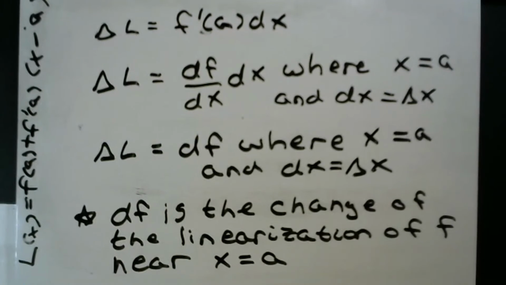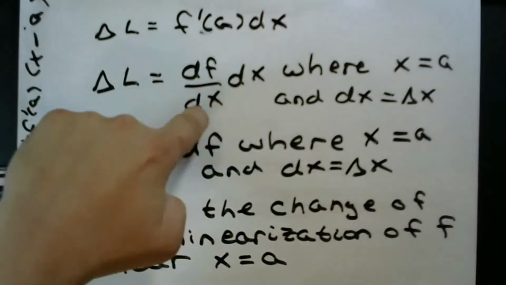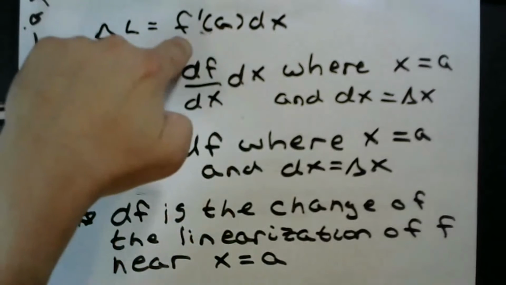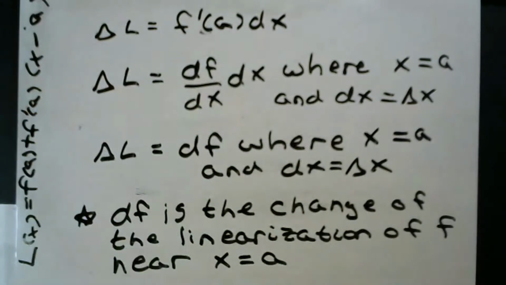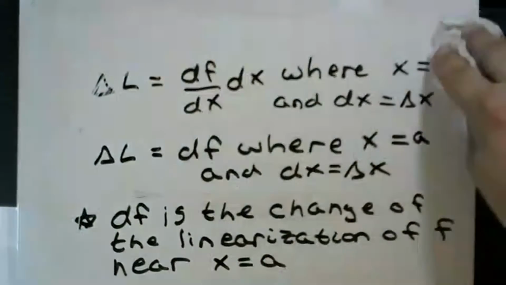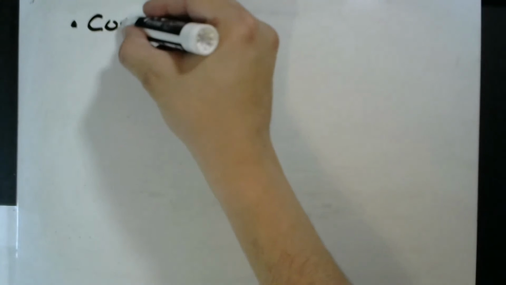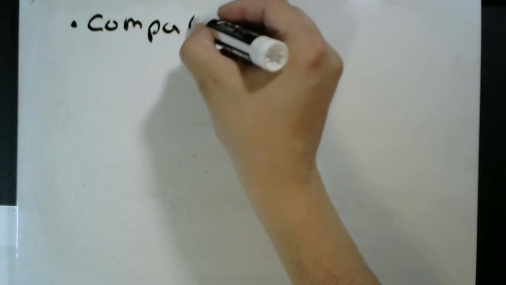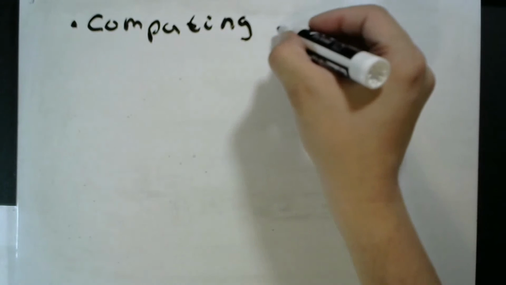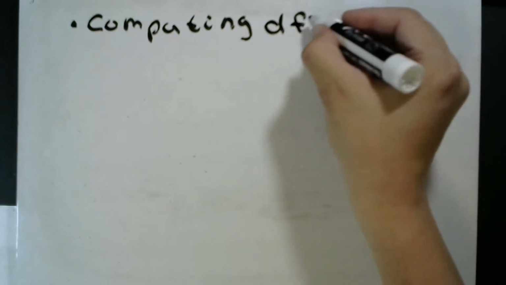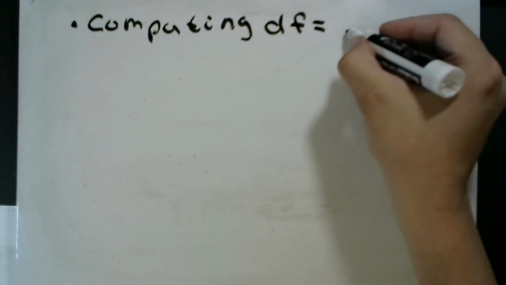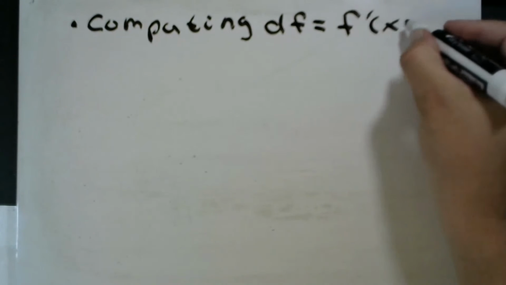So what we're going to look at now, and you're going to get a hint of what we're going to be doing from this, is how these two cancel out if we rewrite this as df dx. So we're going to compute df using this form.